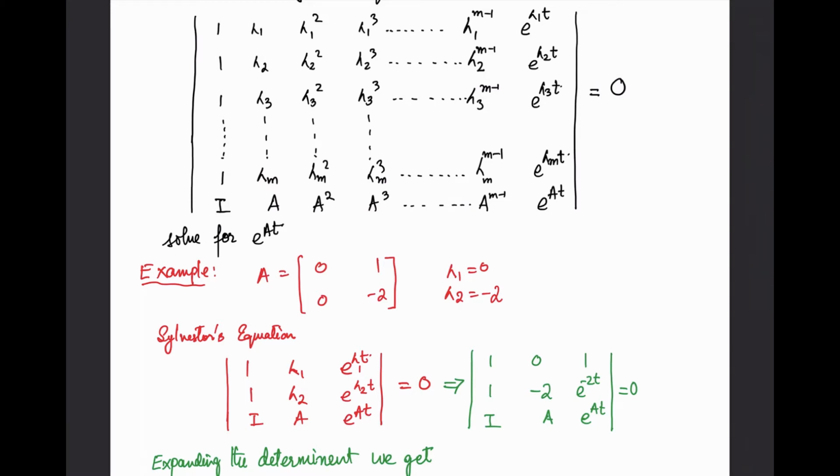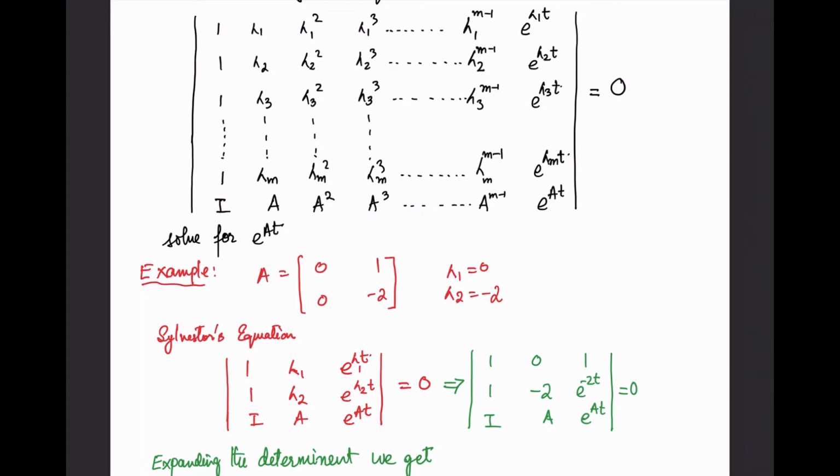Okay, how to write down the first row? 1, lambda 1, e raised to the power lambda 1 t, because a 3 cross 3 matrix is there. So we have this term, this term, and this term. Then for the second row, 1, lambda 2 and e raised to the power lambda 2 t. So this is the second row, and this one is the identity matrix, matrix A, and the state transition matrix.